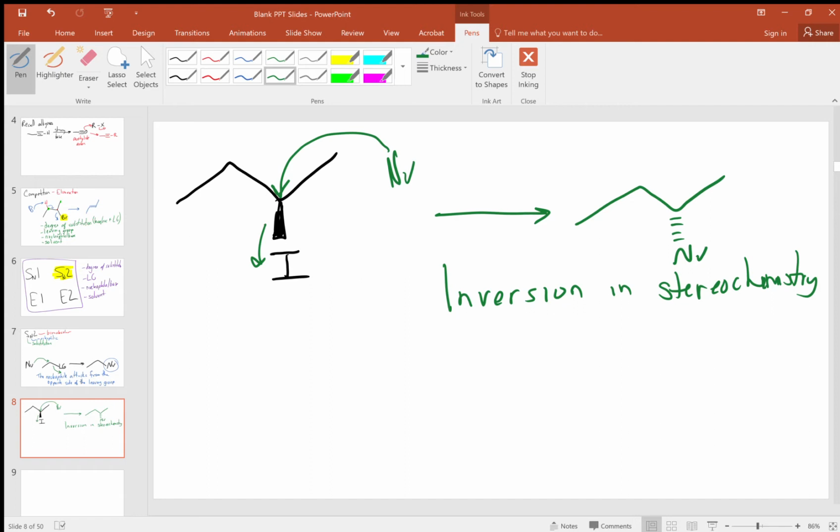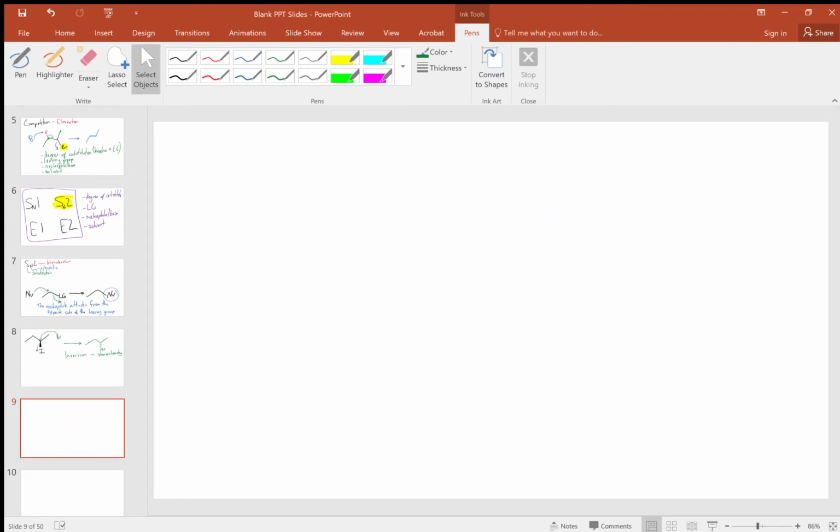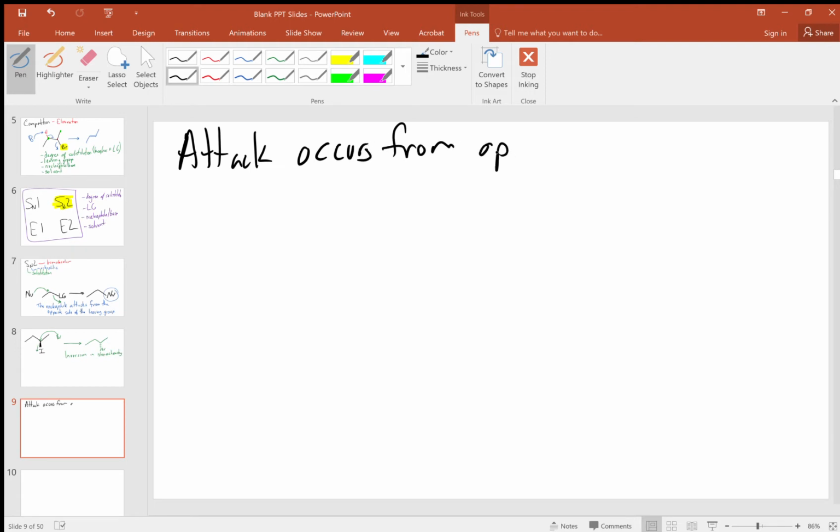Now, why is that? So why does the attack occur from the opposite face? Well, whenever you're forming a new bond, you want the orbital overlap of the nucleophile and the electrophile to be optimal.